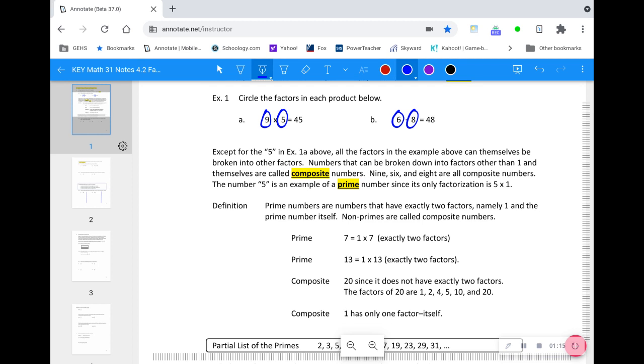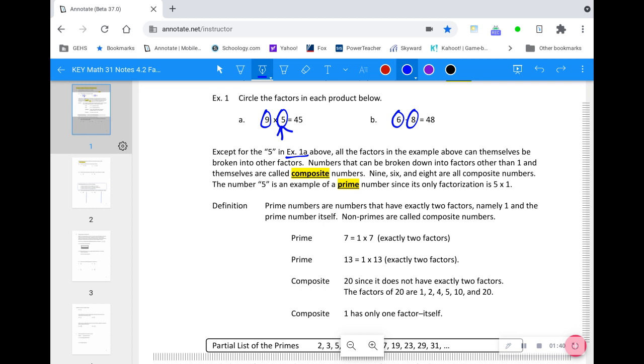Now, except for the 5 in example 1a here, namely that one, all of these examples are themselves numbers that could be broken down. For instance, the 6 that's down here could be 3 times 2. And the 8 could be broken down into 4 times 2.